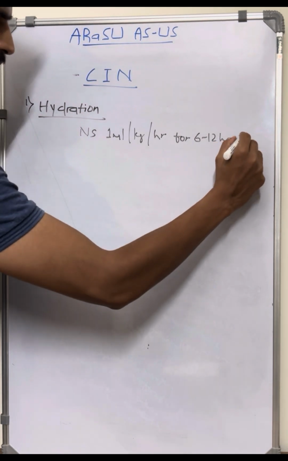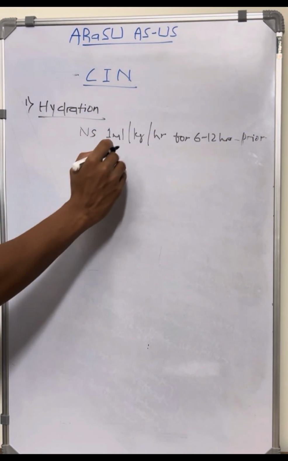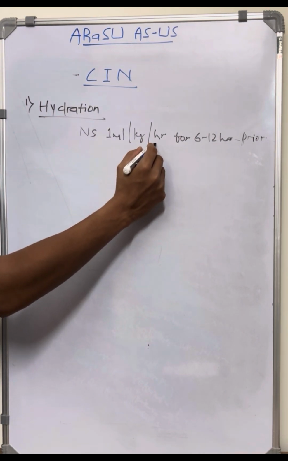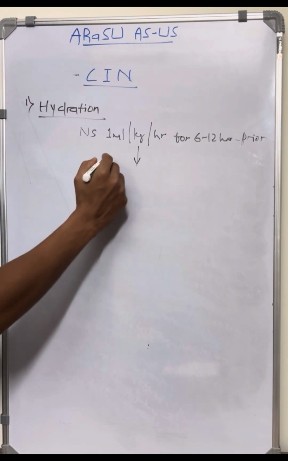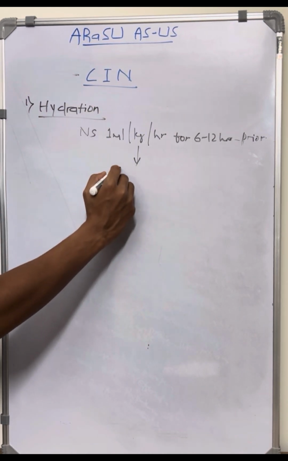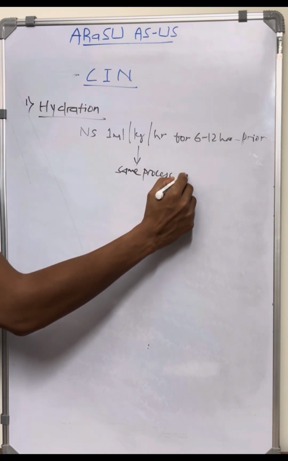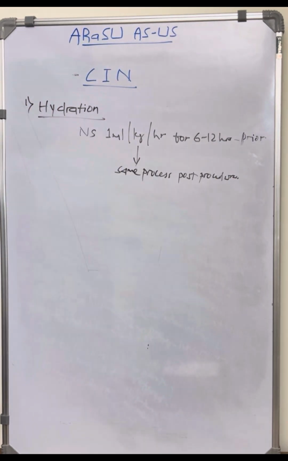Suppose that individual is about 70 kg, we can infuse about 70 ml per hour of normal saline for about 6 to 12 hours prior to the procedure. Then after the procedure, the same thing has to be done. So this will give proper hydration to counteract the contrast.